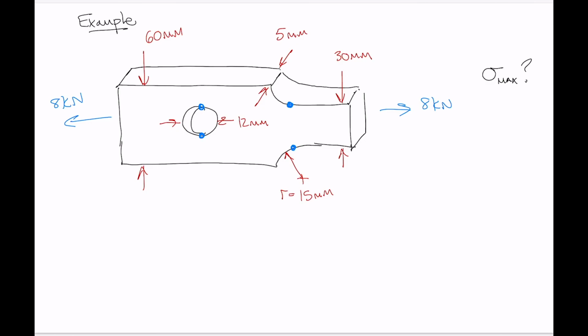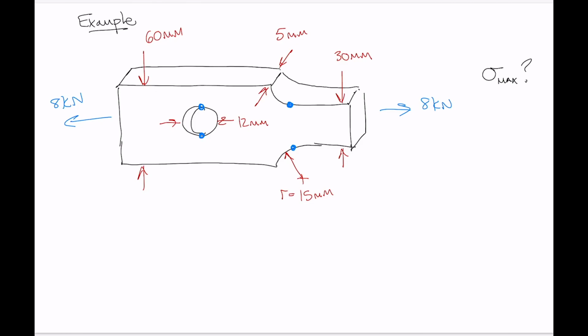The sharper that transition is from small width to large width, so the smaller the radius of the fillet, the greater the stress concentration will be. As you get a larger radius fillet, and that transition happens over a longer distance, more gradually, then the magnitude of the stress concentration will go down and down.